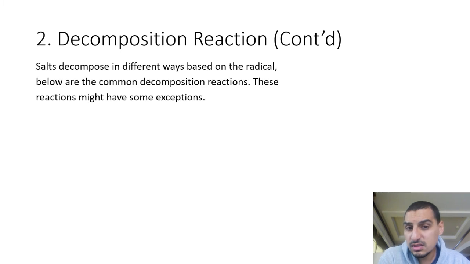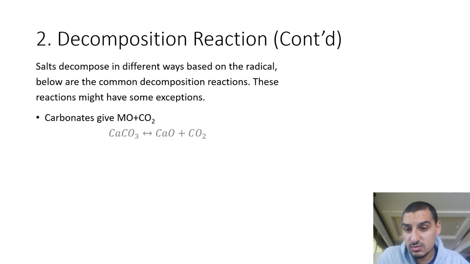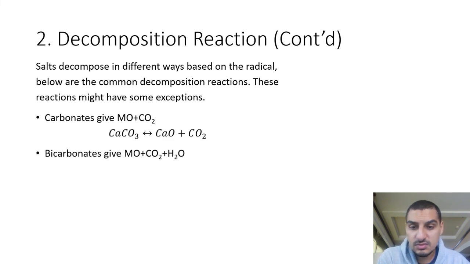For the salts, it depends on the type of salt that is used, and based on the radical that is present there. So for instance, carbonates produce carbon dioxide and metal oxide. Bicarbonates produce carbon dioxide, metal oxide, and water vapor.